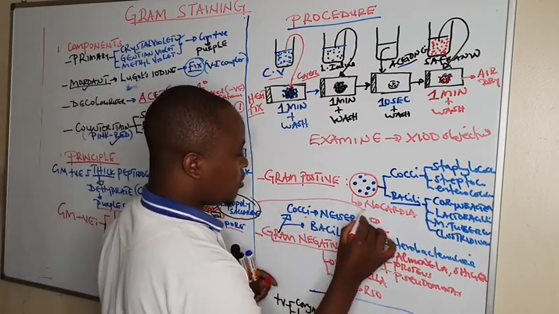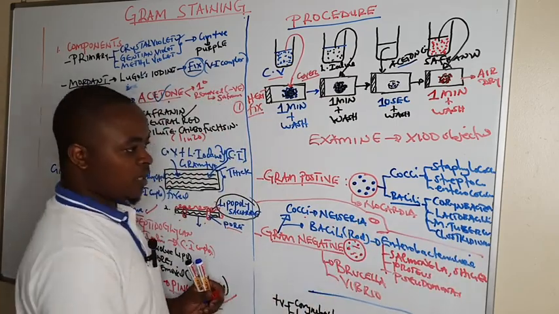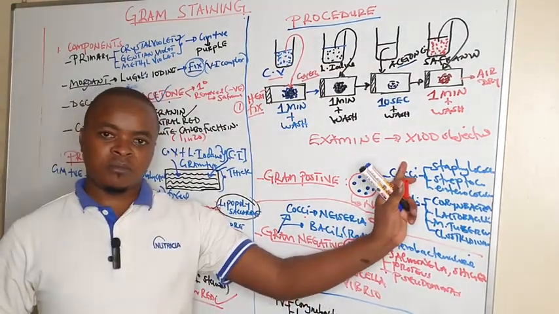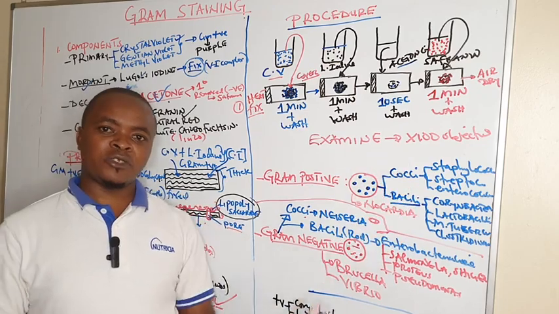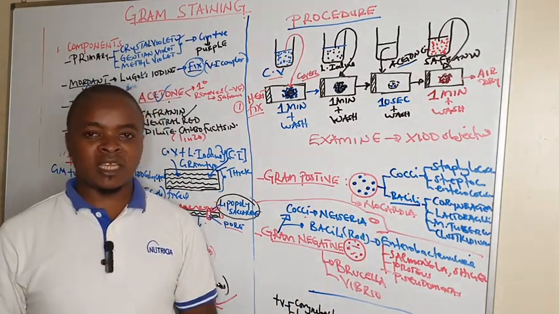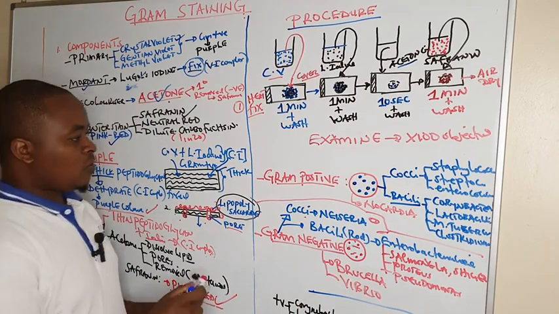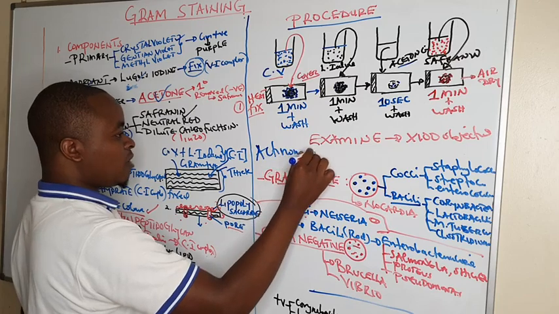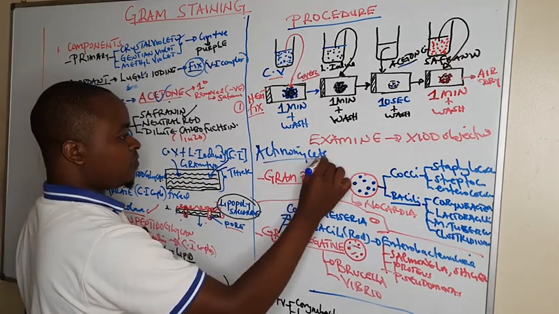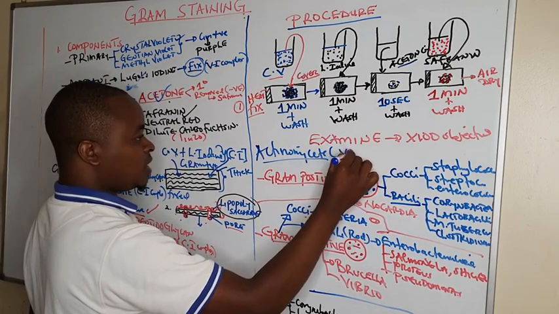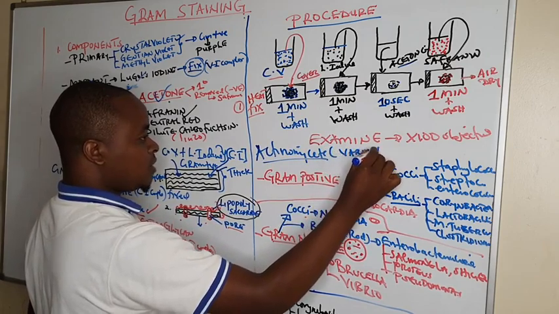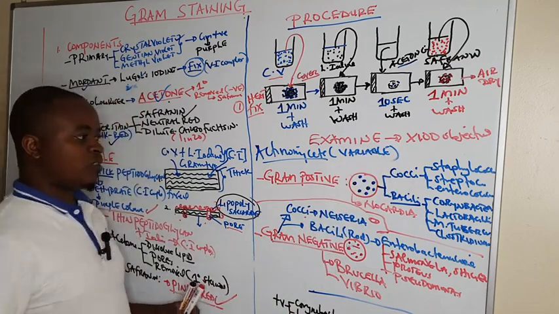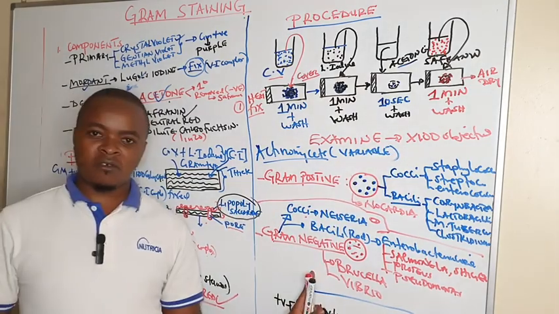So all these are gram-negative, whereas these ones are gram-positive. Then we have also those which are gram-variable, like actinomycetes. They can appear as an intermediate of both gram-positive and gram-negative.